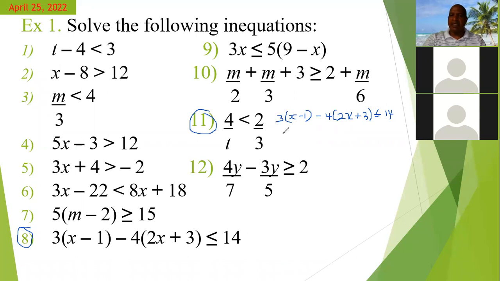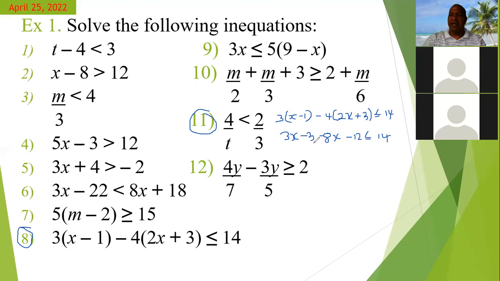So 3 times x gives you 3x, and 3 times -1 gives you -3. And -4 times 2x gives you -8x, and -4 times +3 gives you -12. And so that's less than or equal to 14.